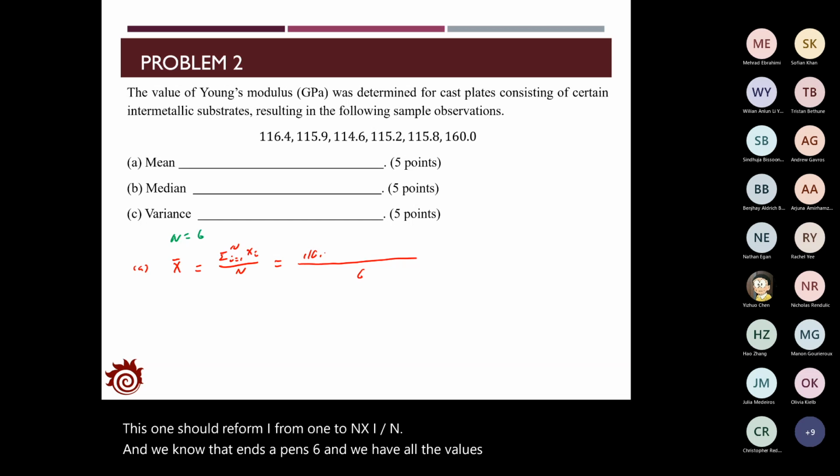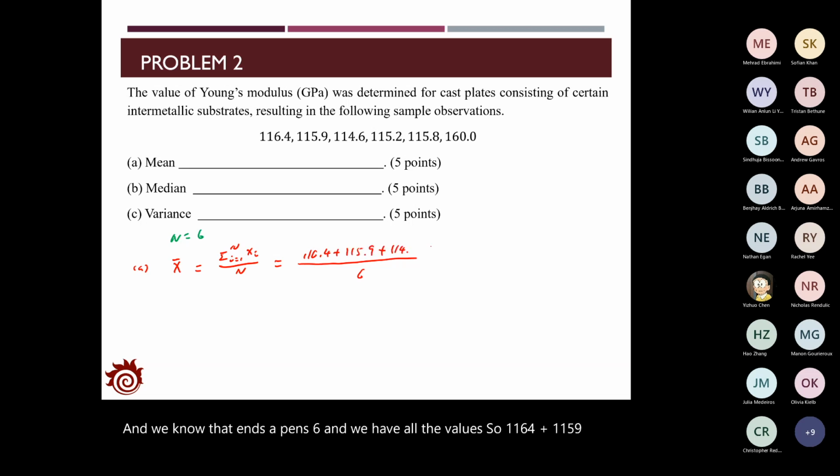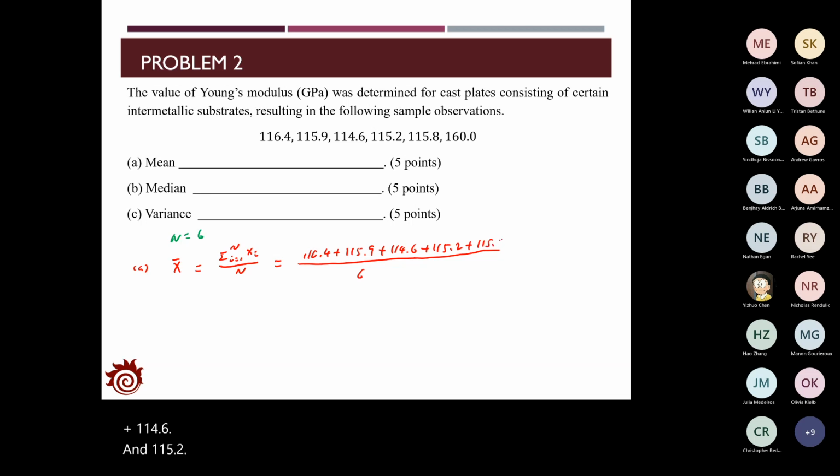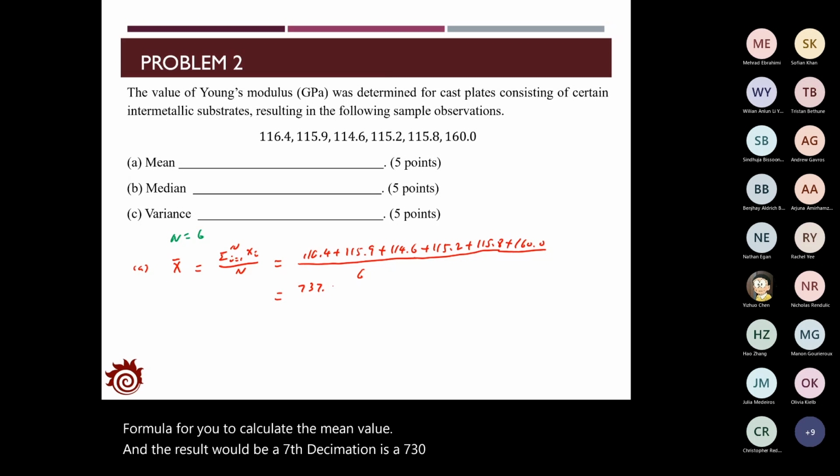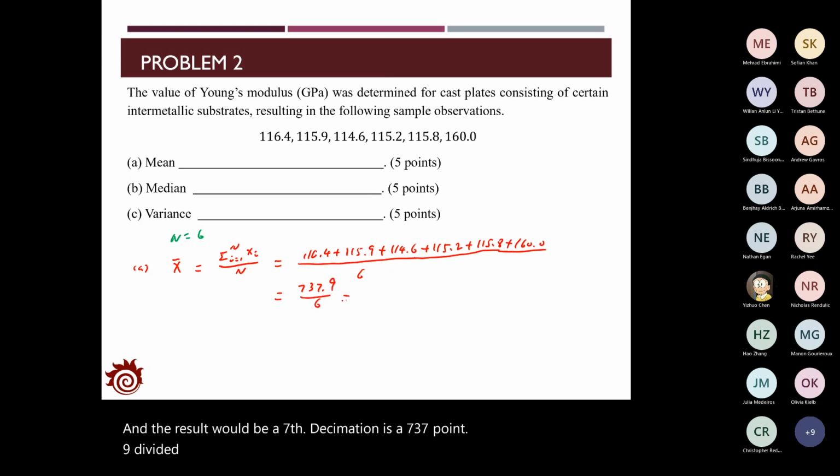So 116.4 plus 115.9 plus 114.6 and 115.2. So this is the formula for you to calculate the mean value, and the result would be the summation, 737.9, divided by 6. That would be 123.0.